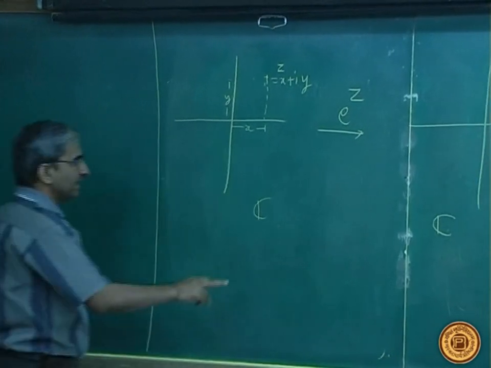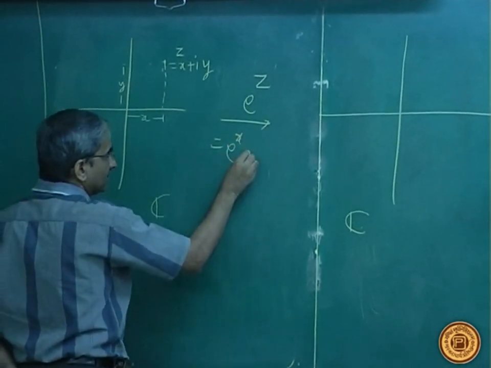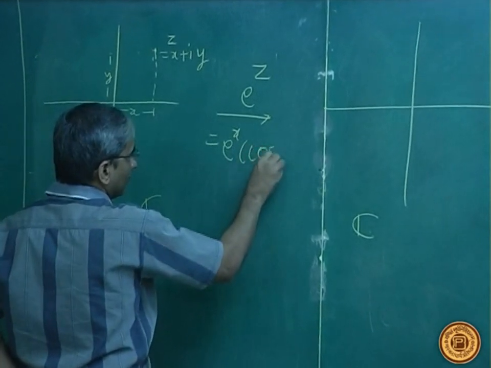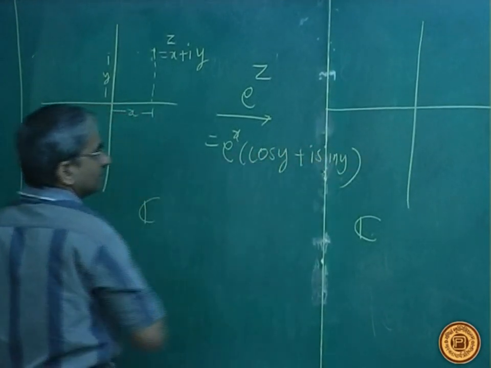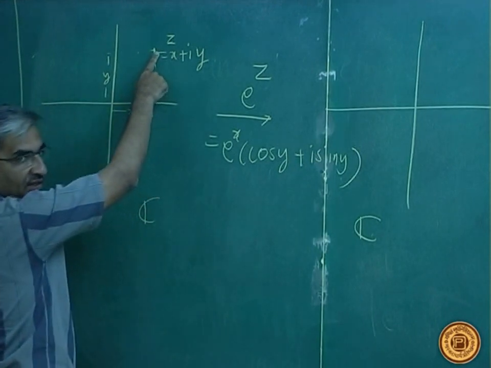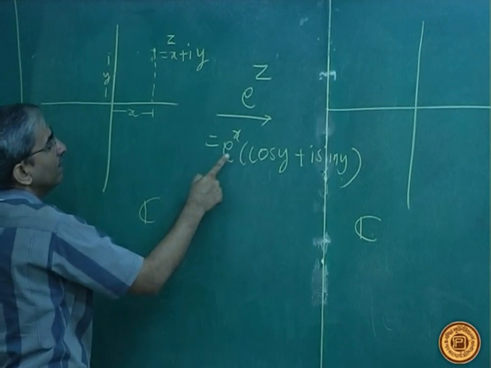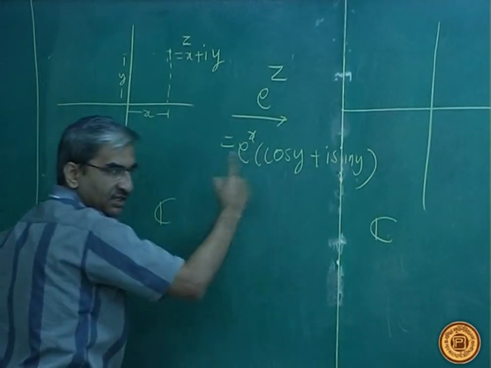E to the power z is e to the power x into cos y plus i sin y. That is our formula. So this point will be mapped to what? It will have absolute value e to the power x. Look at this as if it is in the polar form.